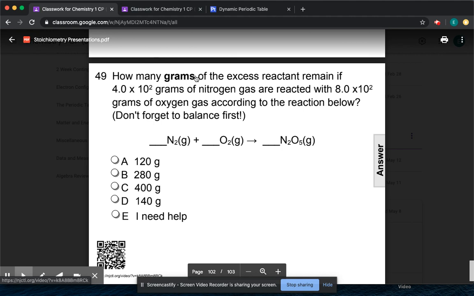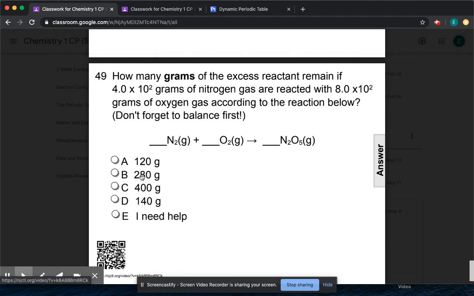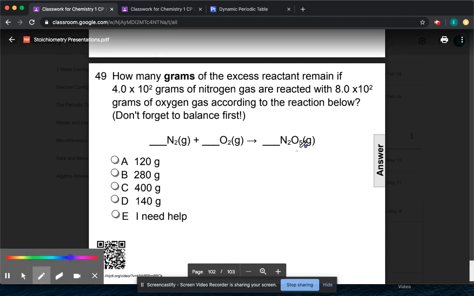With the excess, how many grams of the excess will remain if we have this much and that much? Okay, so let's balance the equation first. So we want to make this. To balance, this needs to be a 2, this needs to be a 5, and then this needs to be 2.